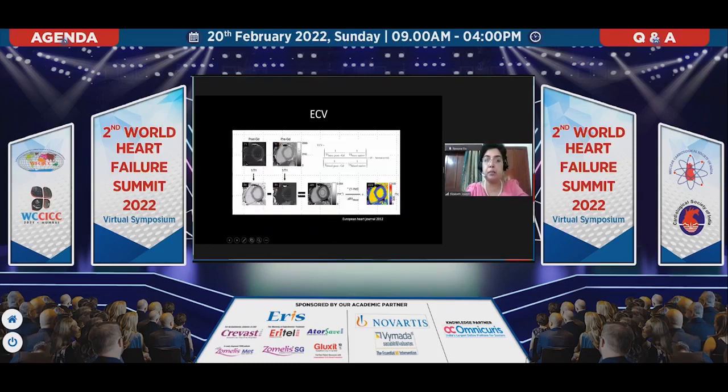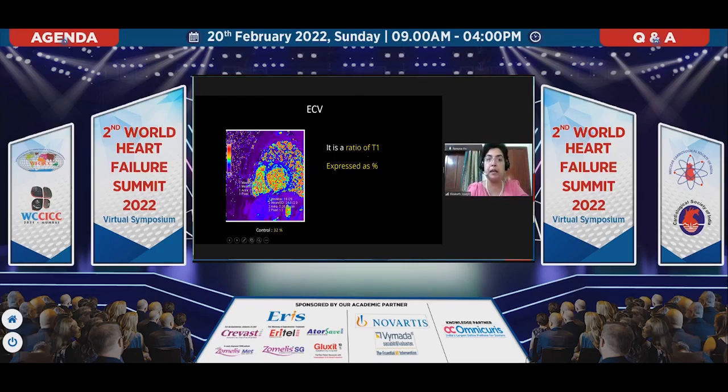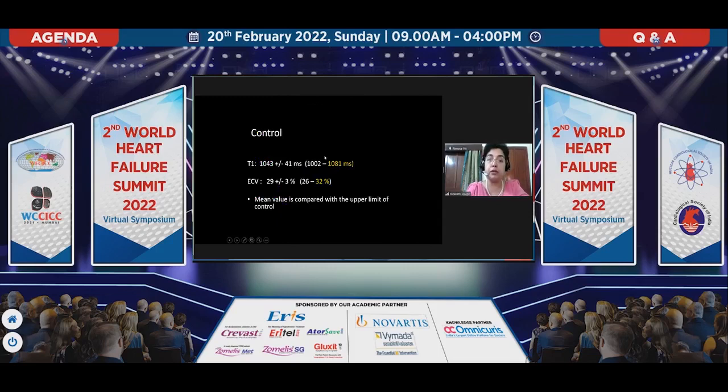And there is this complex appearing equation, which is actually pretty straightforward to calculate ECV. All you need is the hematocrit. And ECV is a ratio which is expressed as percentage. We also need to be aware that control values are important, and each machine has its own control value.